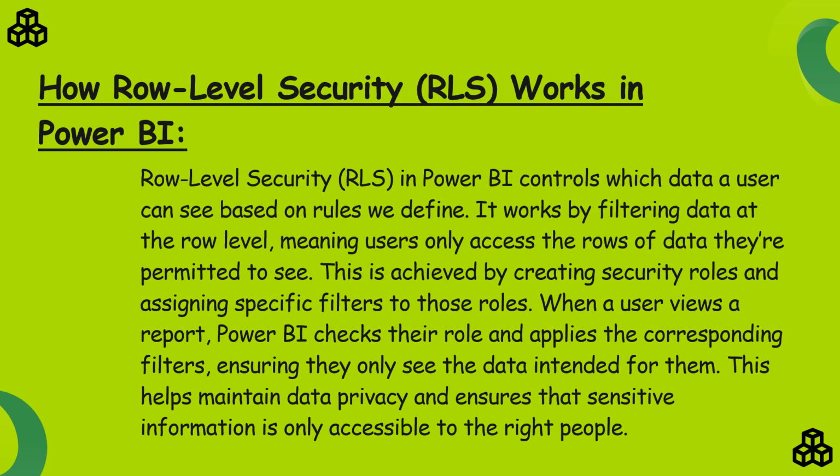So here we are using row level security, and this is how it works in Power BI. We define the roles, and after defining them, we implement the filters as per each role. When we implement the rules on the roles, Power BI checks their role and applies the corresponding filters.